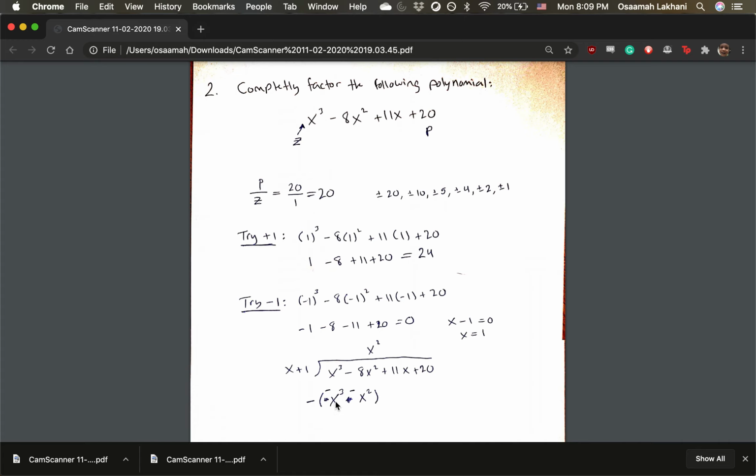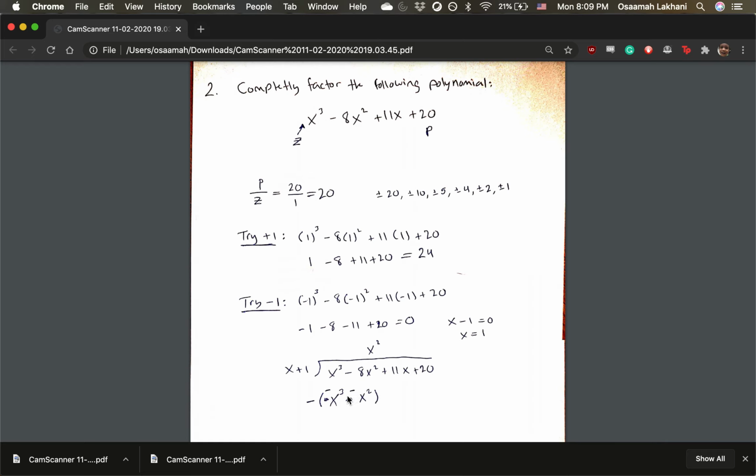So this one used to be positive x cubed, so I put a negative sign on top to show that incorporating the negative on the outside, it is now negative. And for this one, it used to be positive as well, but incorporating the negative from the outside, it's now negative. So you can do this any way you want, just make sure you don't lose track of your signs.